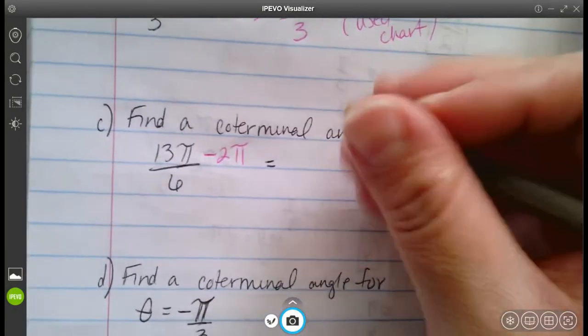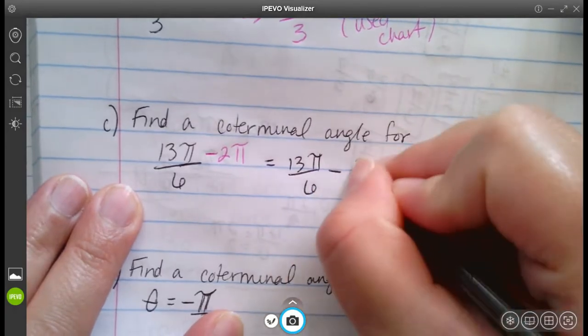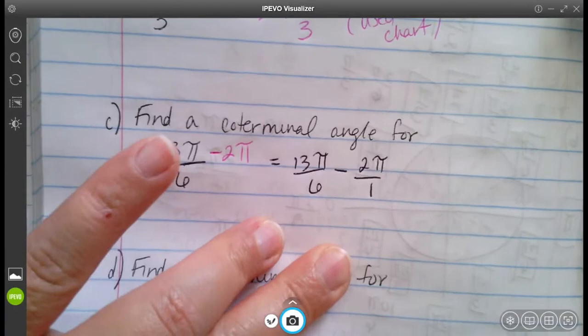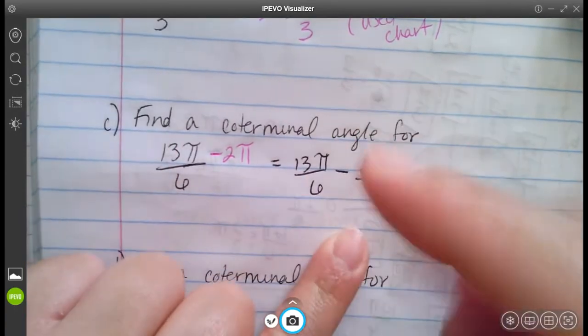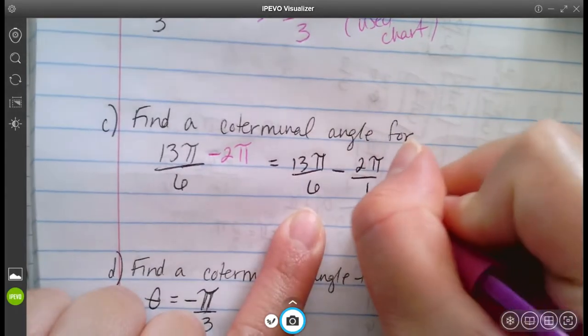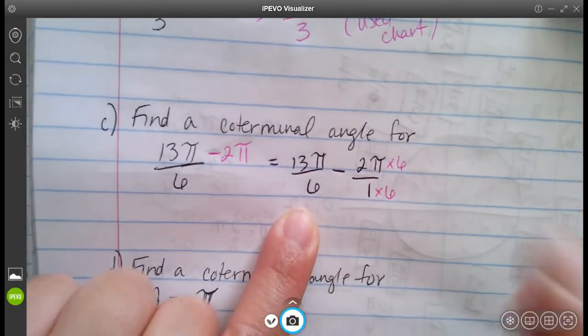This would be the same as 13 pi over 6 minus 2 pi over 1. We have to put it over 1. And then just like the two problems before, we have to have common denominators. So I'm going to multiply the top and the bottom by 6.